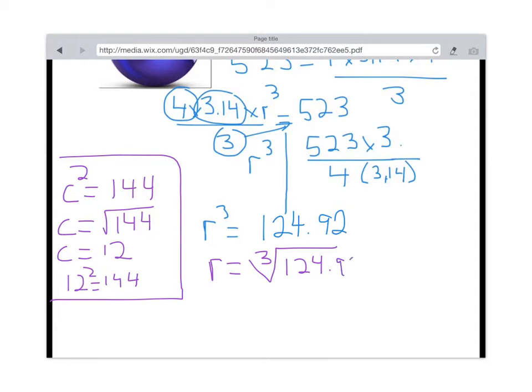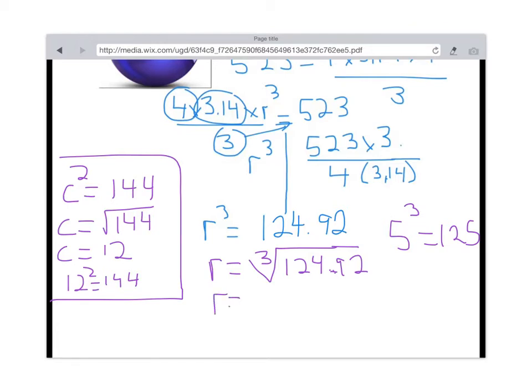We want to find a number that when you cube that number you get 124.92. Now, I happen to know that 5 cubed, which means 5 times 5 times 5, equals 125. So if I just guessed at 5 for the radius, I'd be close enough.